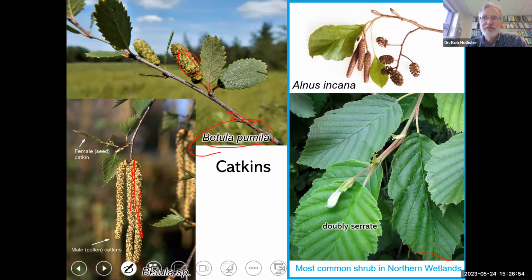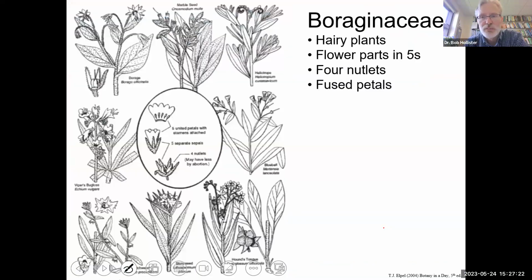North of Grand Rapids, maybe 30 miles north, depending on where you go, it tends to be less of the willows and buttonbush and dogwoods, and it becomes almost exclusively the Alnus. And this one's easy because of the little cones, the male and the female, and it's also doubly serrated. So it's a good one to know because of that.